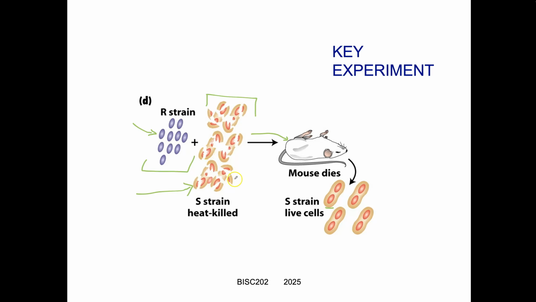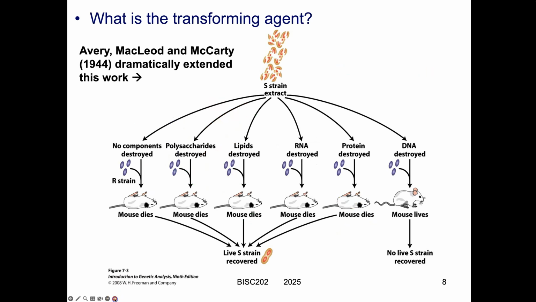And this was followed up by a group of people that asked the question, okay, what component in here is responsible for changing the R strain into the S strain? And they did a series of what you would call maybe elimination steps. So they would have a control. They would take the S strain and boil or autoclave it so that all the cells are dead.